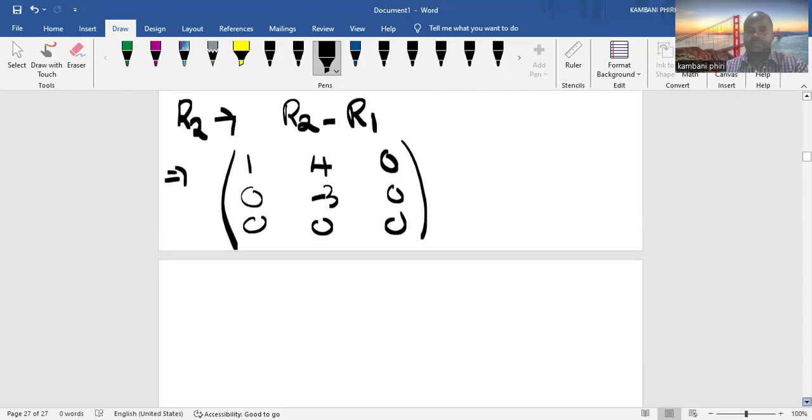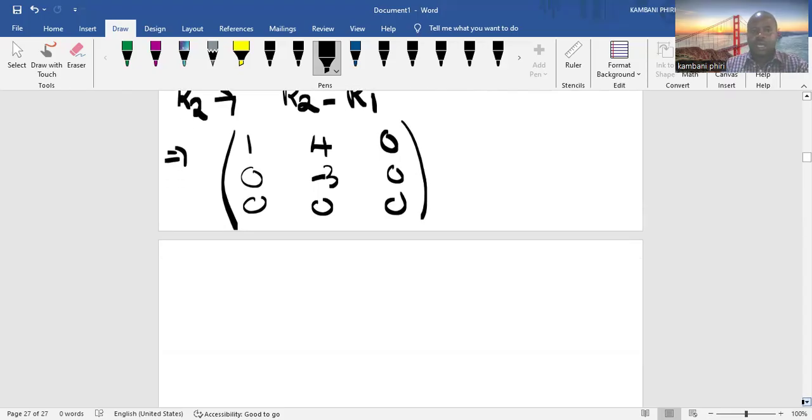Next, we can make sure that here there is 1 here. So we say row 2, imply that, may we just divide this. Row 2 itself, negative row 2 by 3.